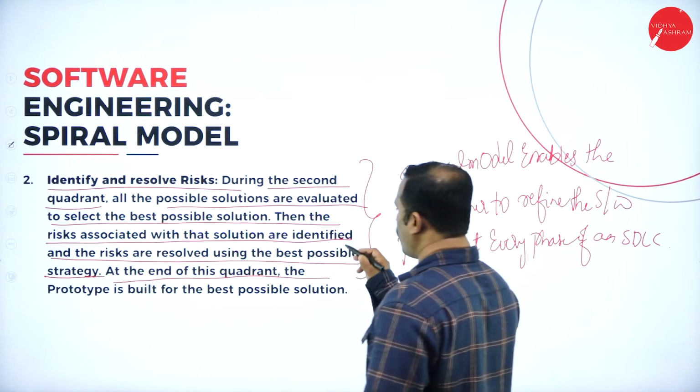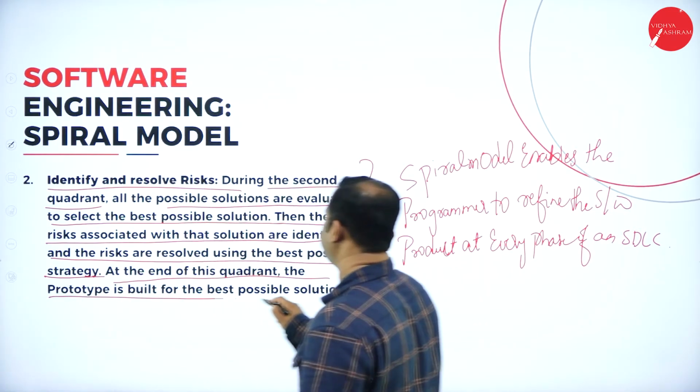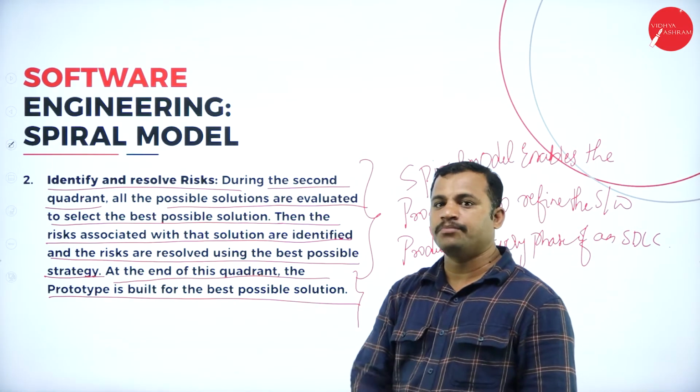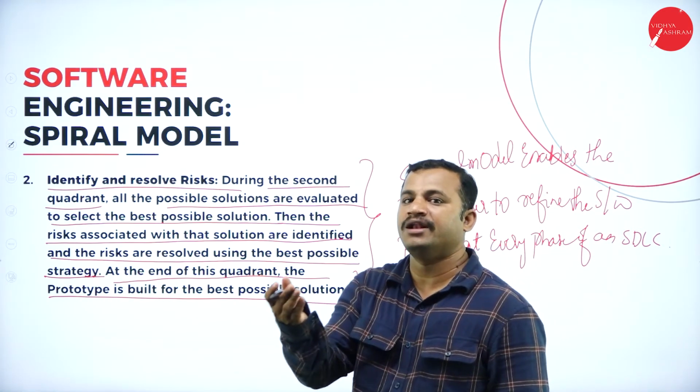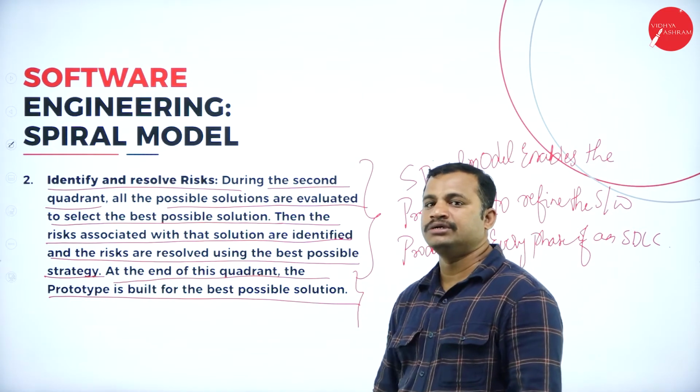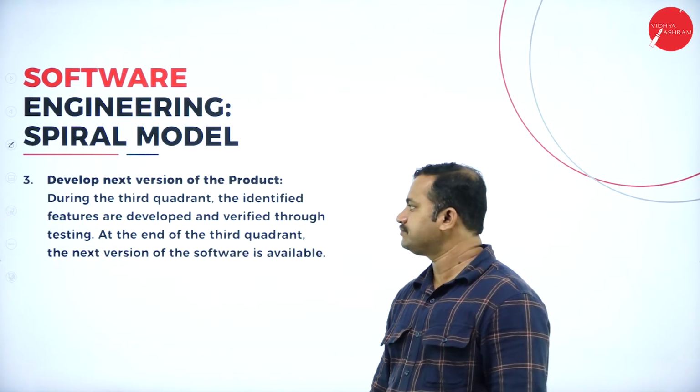At the end of this quadrant, the prototype is built for the best possible solution, so that ultimately the prototype which needs to be delivered to the client becomes an ultimate solution to the requirement of the client.